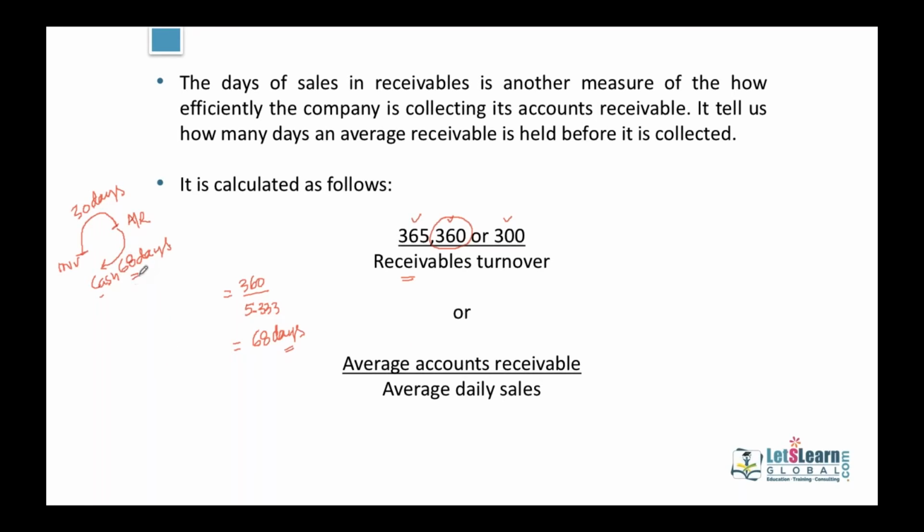If you reduce it by using your effective collection team and by offering some discounts, it will go healthily. Otherwise, if your collection team is not so efficient and they are not calling or collecting on time, it may go to 70 days, 75 days, and you will lose interest income, because you are selling the goods but all receivables are in the market. Clear? So you will have to improve it.